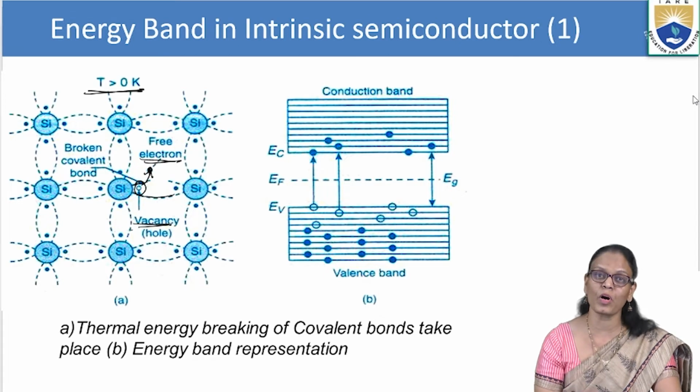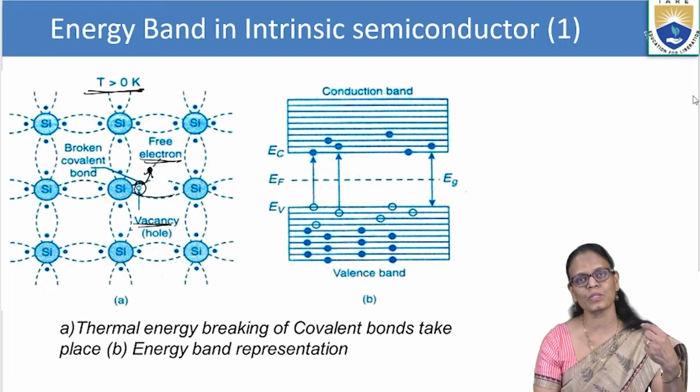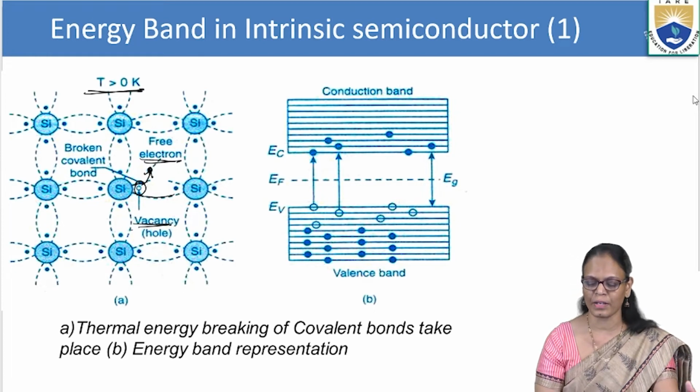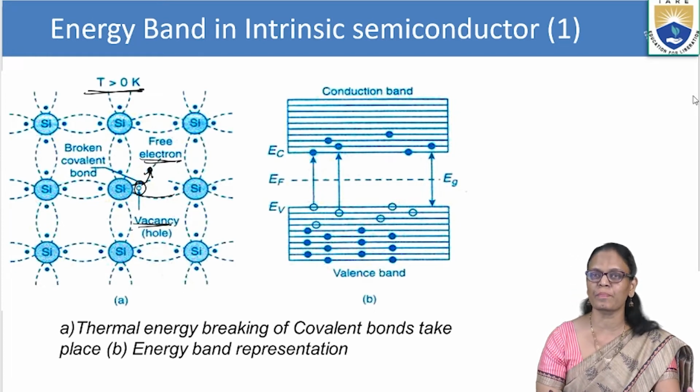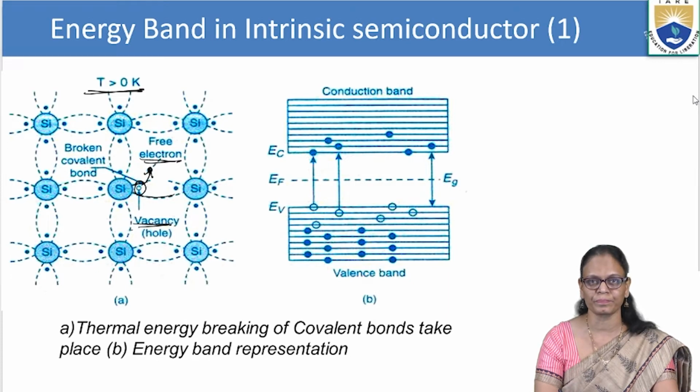Depending upon the number of bonds that are broken, we have electron hole pairs generated. Why am I calling them an electron hole pair? When one bond is broken, one electron becomes free, and correspondingly there is one hole in the valence band. In the diagrammatical representation, previously at T equal to 0 Kelvin, the valence band is full and the conduction band is empty.